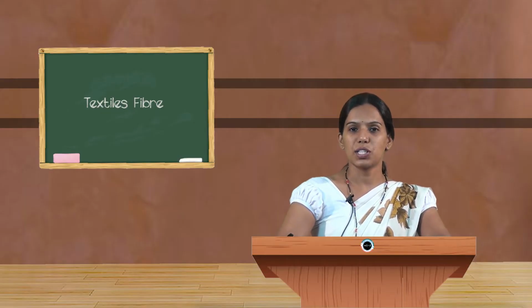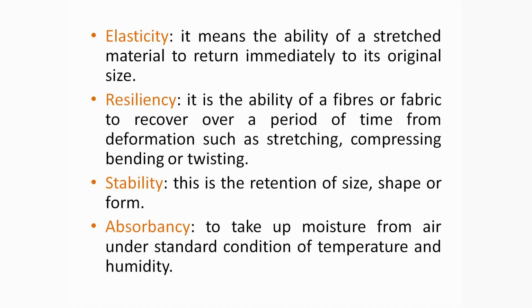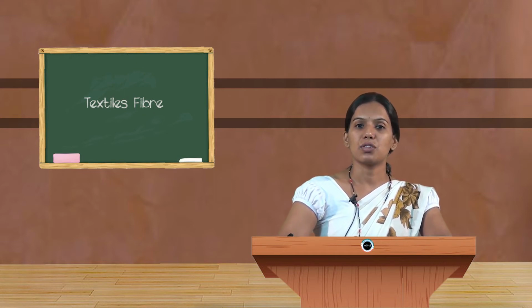And next is stability. In this property we check the retention of the size, shape or form of a fiber. And next one, absorbency, to take up moisture from air under standard conditions of temperature and humidity. These are the properties of a fiber.